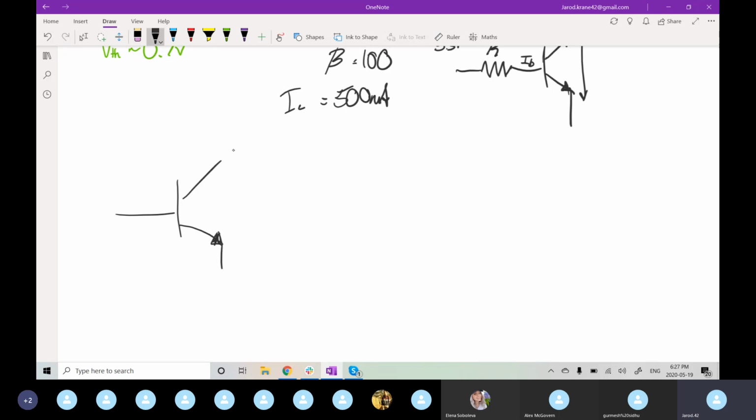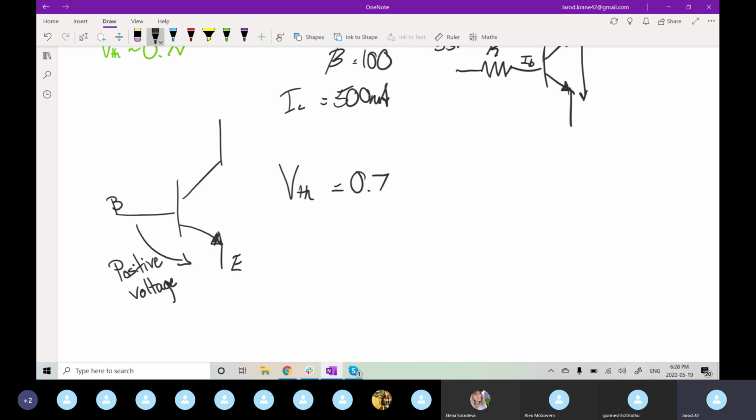We need a positive voltage between your base and emitter to be able to turn on. And this positive voltage has to be of the value of your threshold voltage, which is, again, 0.7.